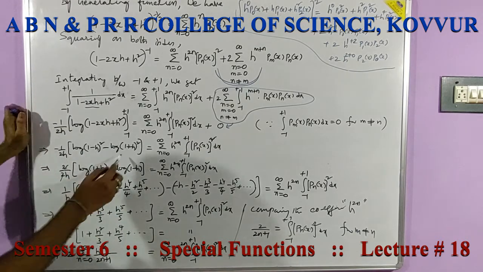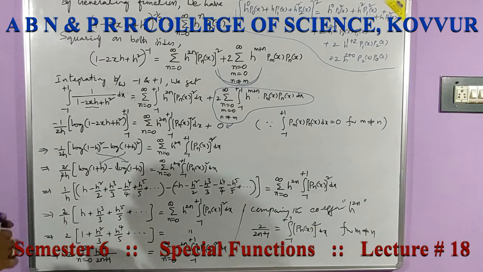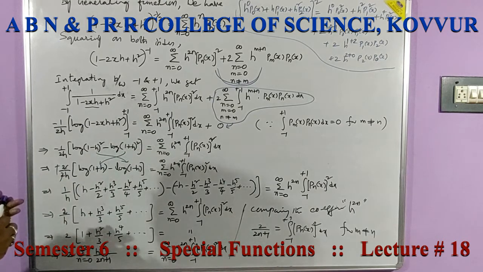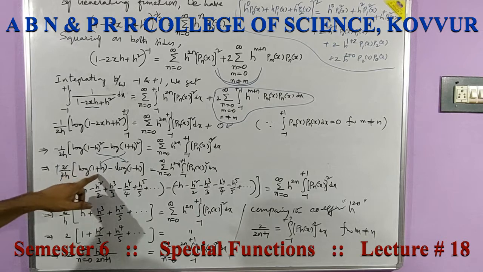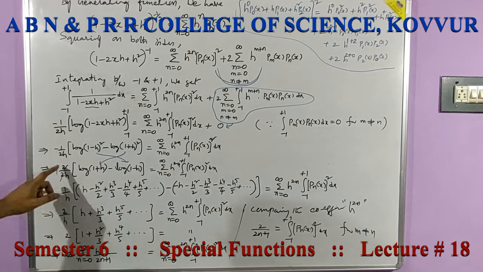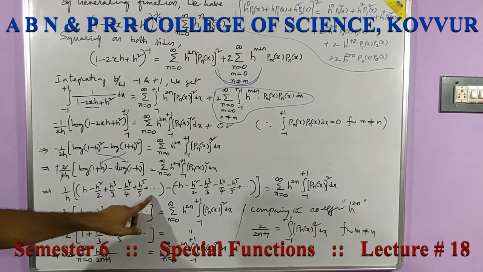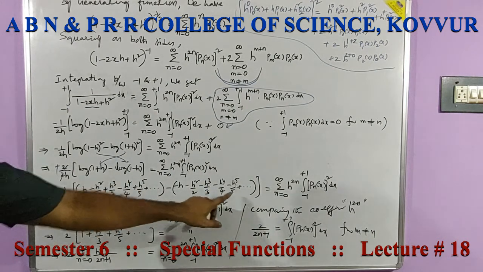So this term will come here, this term will go there. The minus sign gets cancelled, this will become plus. The 2 is taken out of the square. So this is 1 by h, log 1 plus h minus log 1 minus h, that is the expansion of log 1 plus h minus the expansion of log 1 minus h.